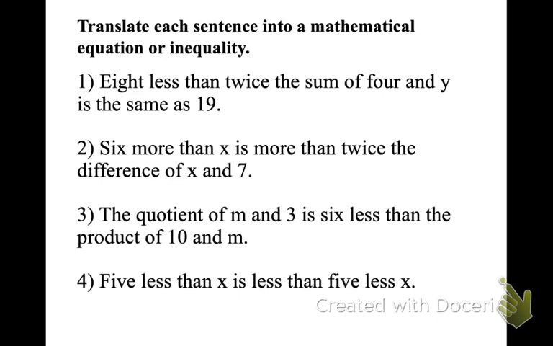8 less than. Okay, we've got our less than with this part. Okay, twice the sum of 4 and y. So that's what's getting crisscrossed. How would I show twice the sum of 4 and y? Well, this is going to be 4 plus y.